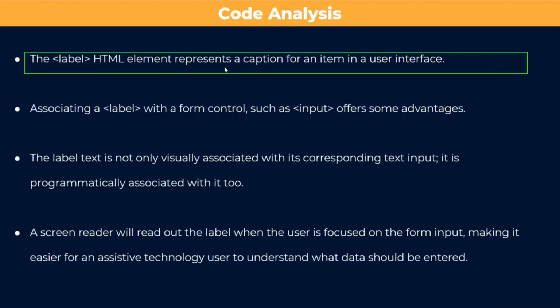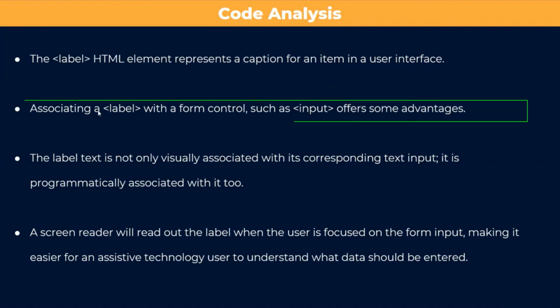The label element represents a caption for an item. So we had the label before the control. Associating a label with a form control, such as an input, offers some advantages. So we want to associate the label with a particular control.